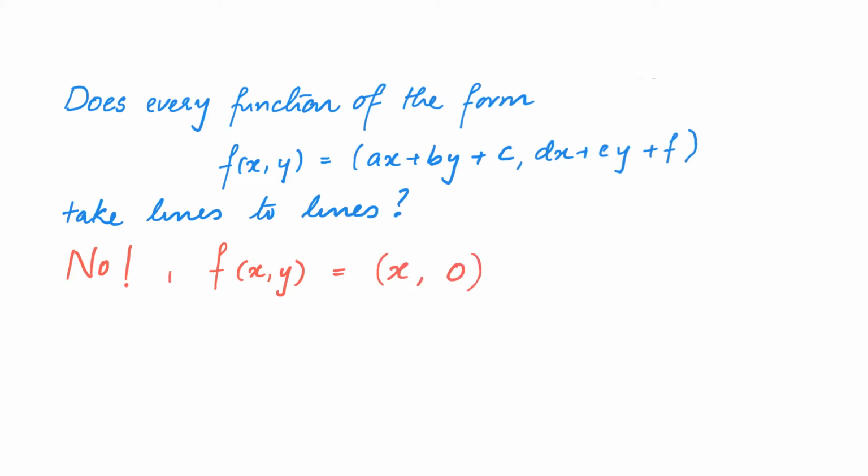Now this function takes the y-axis to the point (0,0), or origin, and therefore clearly this function does not take lines to lines, but it takes at least one particular line to a point. And notice that this is clearly of the form (ax + by + c, dx + ey + f): a is 1 and all the other constants are 0.